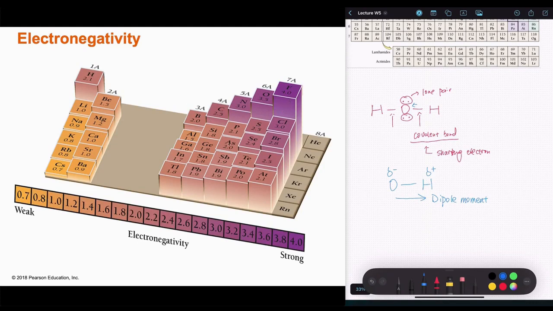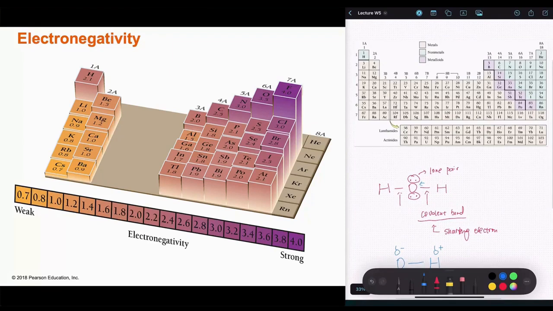Now from this, you can see we have the highest one for fluorine, which is in group 7A, and we have the lowest one, which is cesium, only 0.7, in group 1A. This is a periodic table, and we can observe a pretty strong trend in it.